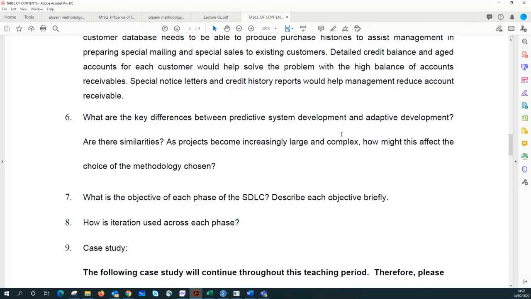So predictive is probably not the most suitable development methodology given the complexity and nature of the project. So the chosen methodology probably changes when the project becomes more complex and increasingly large. That is what you need to tell in this question.